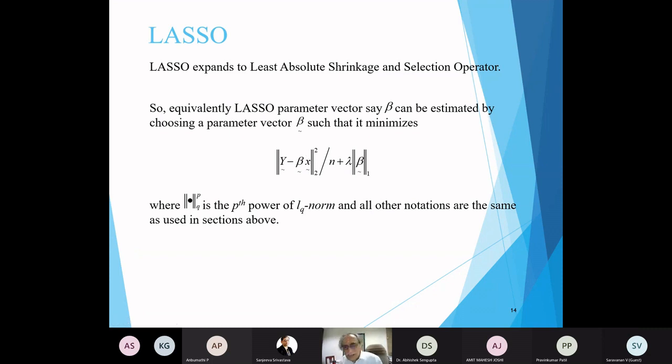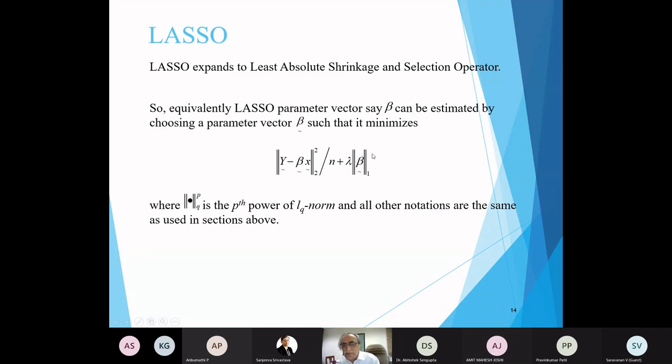Now what LASSO does is, it not only minimizes this, it puts constraints on the unknown coefficients. A penalty function is added, and when we add this L1 penalty function, it is referred to as the lasso. That's why it is the least absolute shrinkage and selection operator.